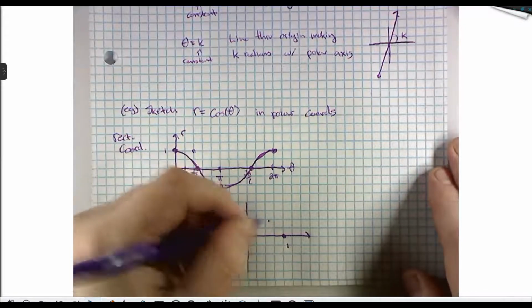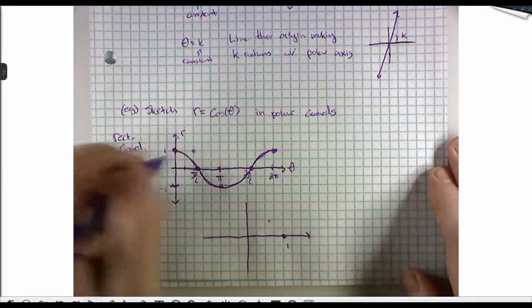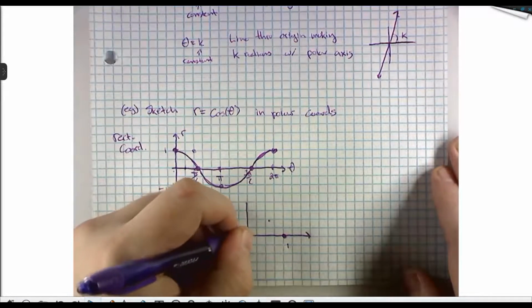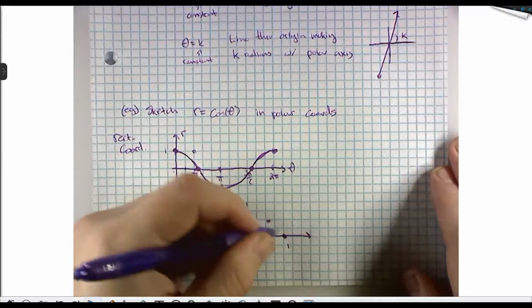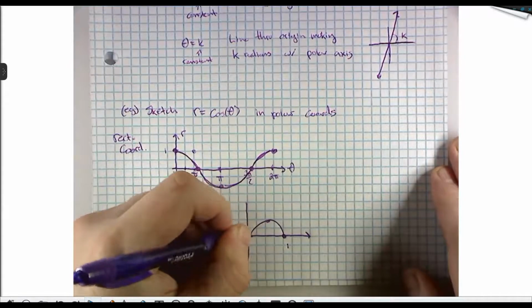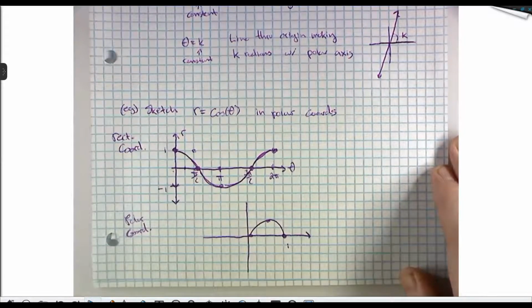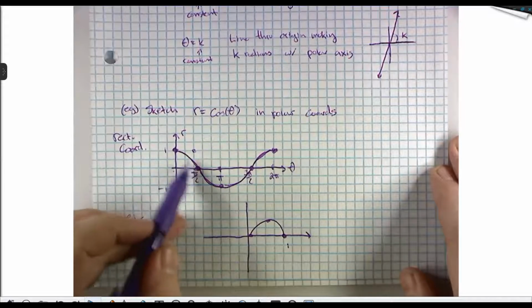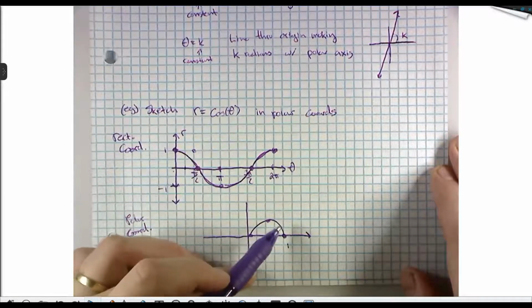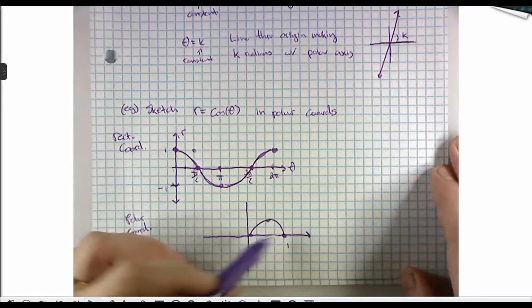It's like here. And you can keep going. By the time you get back to pi over 2, though, you got to be back over here, right? So the curve you actually trace through that part looks like this. This little piece here corresponds to this part of the polar graph.